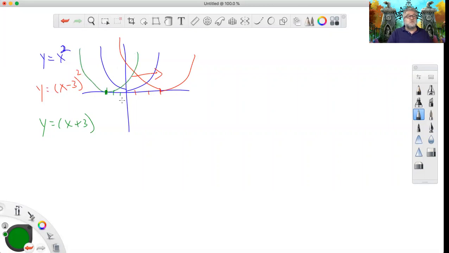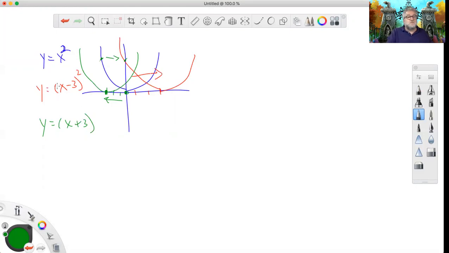It's shifted 3 units in the negative direction. When it's just x squared, the vertex is centered at the origin. When it's x minus 3, when I put a value of 0, it really feels like negative 3. So look, it was shifted by 3 units.